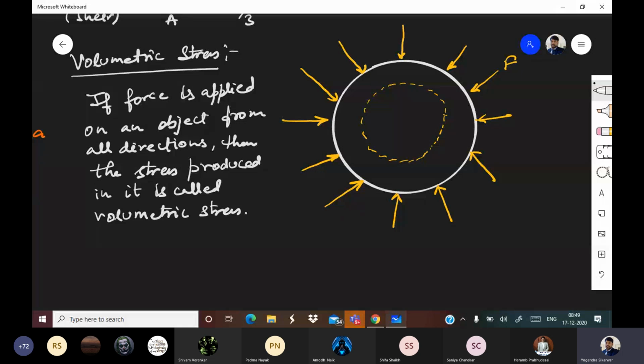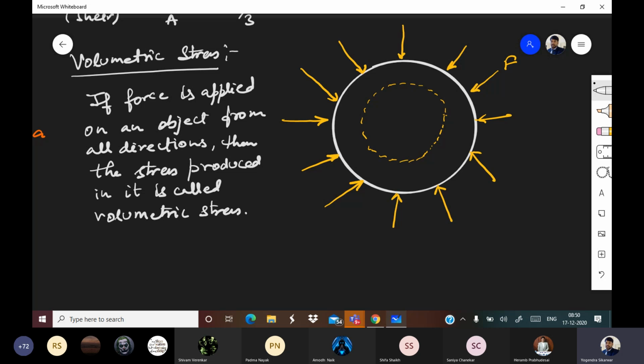Now, after realizing your inability to create volumetric stress by slapping, you took a stick and this time you have decided that come what may, I'll make sure that volumetric stress is developed. So you hit the person with a stick.